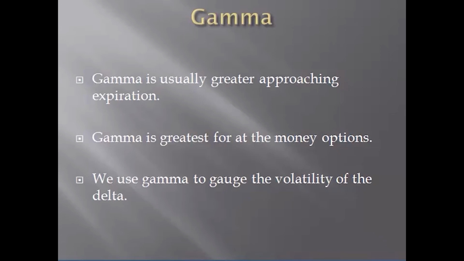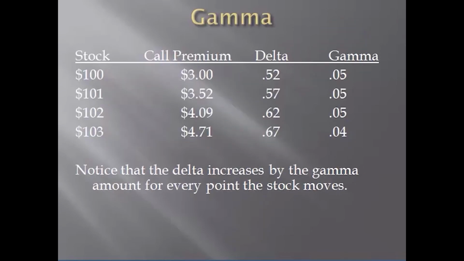Gamma is greatest for at-the-money options. And that's why, when we go back to our last slide, as the stock traded away from the at-the-money, so the $100 call option, when it was at $100, the gamma was 5 cents, but as it traded away from that, it actually decreased.